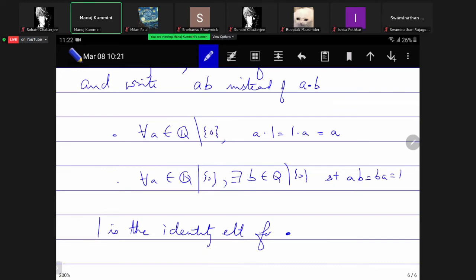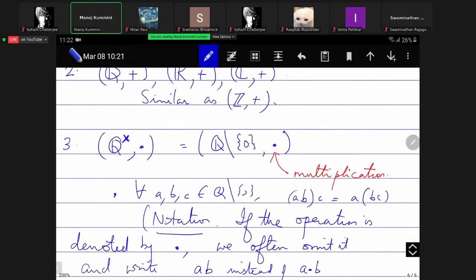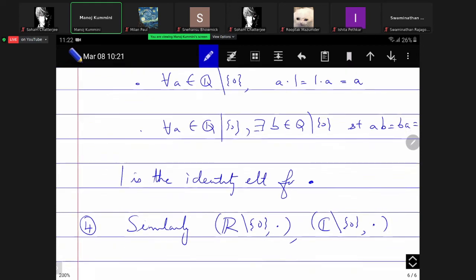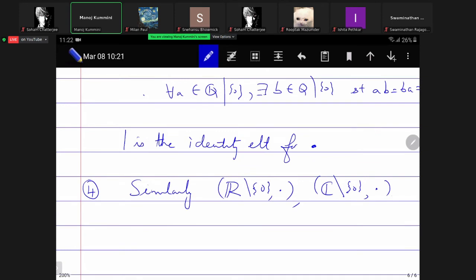Well, and so similarly, R minus 0 with the multiplication operation, C minus 0 with the multiplication operation. Okay.